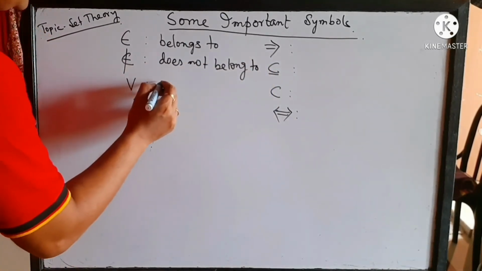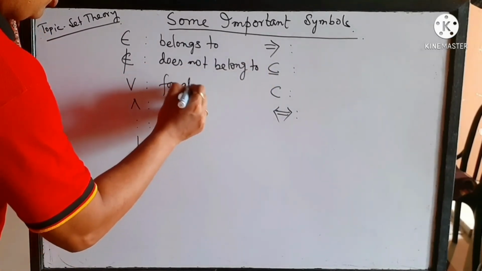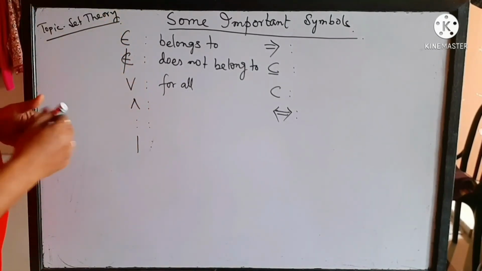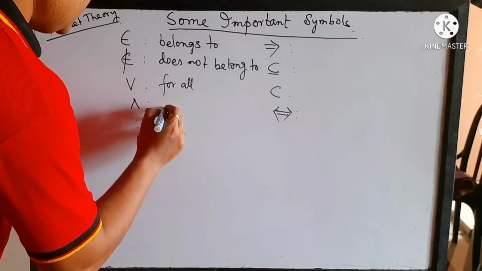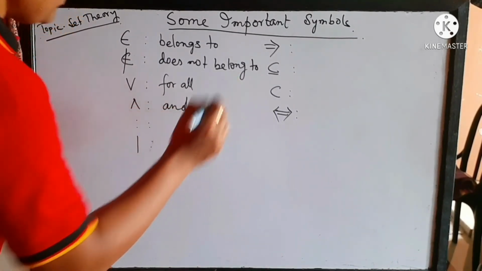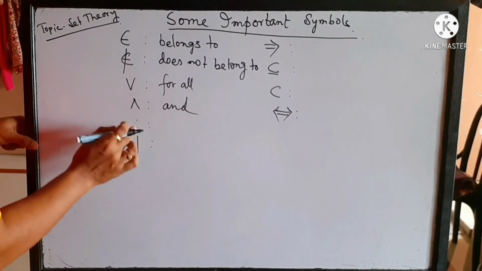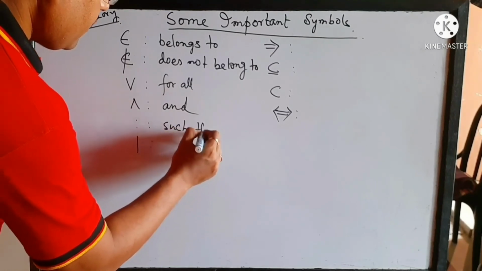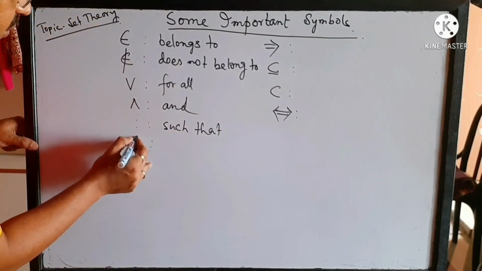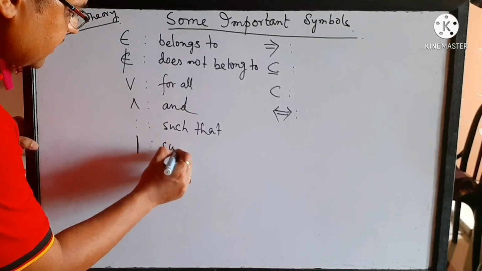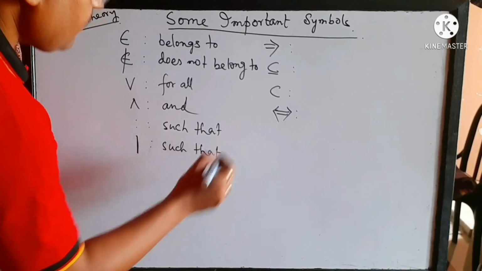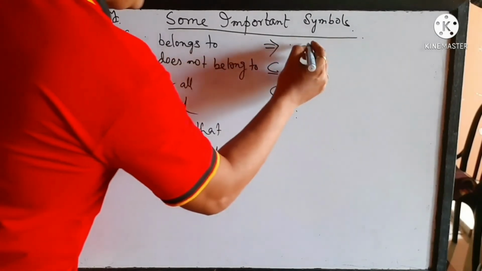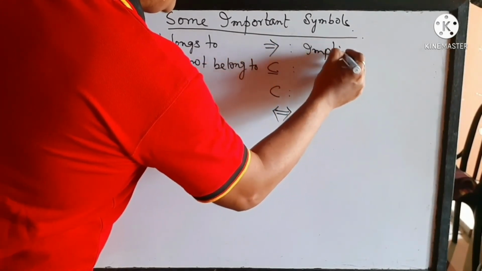This will be used for all, and this will be used to represent and. This two-dot symbol will be used for such that. Also this will be used for such that. We know this symbol, and it implies that.